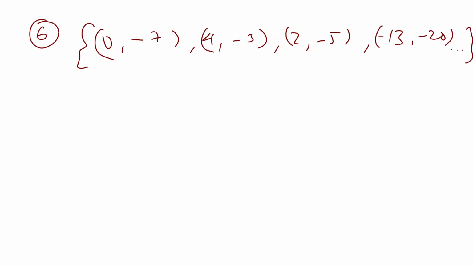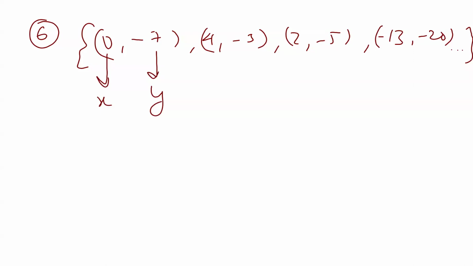Now we need to establish a relation between the first component and second component. So how are the two things related for each and every ordered pair? So that we need to find out.